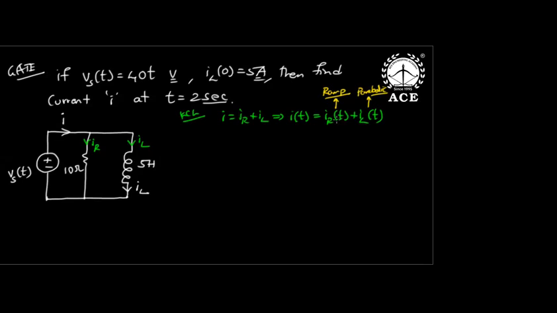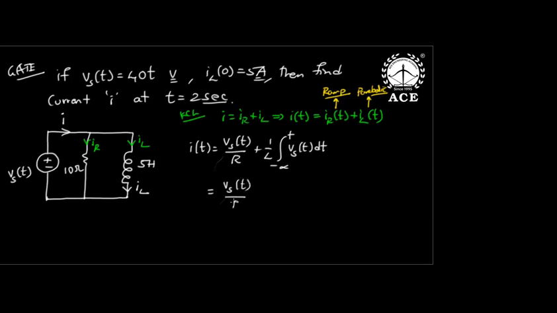Now, if I expand the same formula, I of t is equal to IR of t plus IL of t. What is Ohm's law for the resistor? It is V by R, that is Vs of t by R. For the inductor, it is 1 by L integral of V dt from minus infinity to t, where the voltage across the inductor is the supply voltage Vs of t.